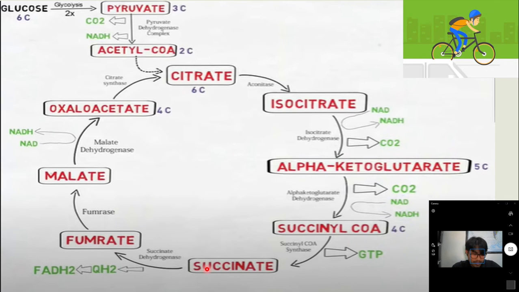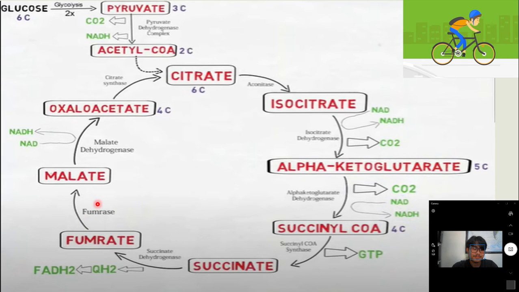Next is the succinate. The succinate is converted to fumarate with the help of the enzyme succinate dehydrogenase. And the QH2 is generated here, which is used for production of FADH2. Then the fumarate will be converted to malate with the help of fumarase.